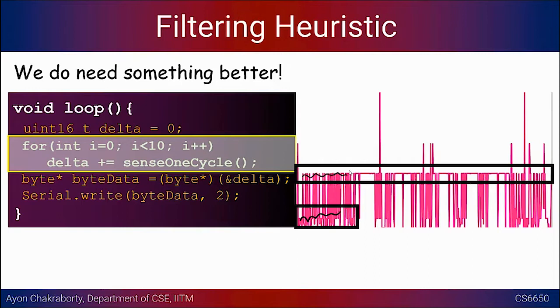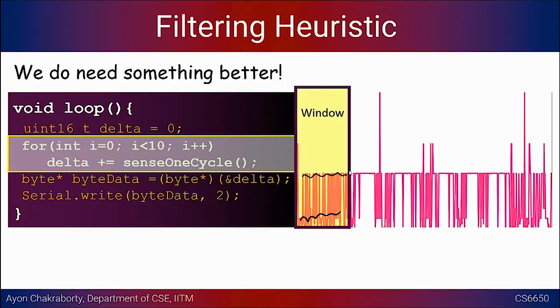So one idea, of course, would be a window-based mechanism. As we all understand, it's better to operate on a certain window, because all the fluctuations will be local to a small time period. As you have seen in the case of the pulse oximeter, we were looking at the voltage values from the IR sensor, and those values keep changing with time.